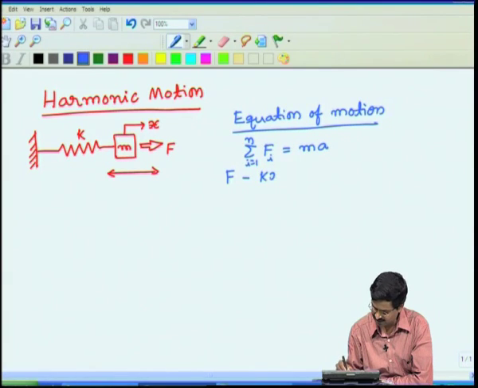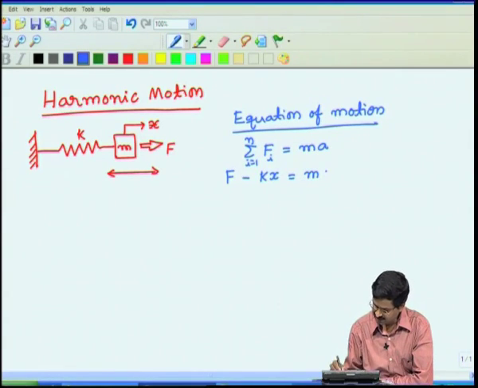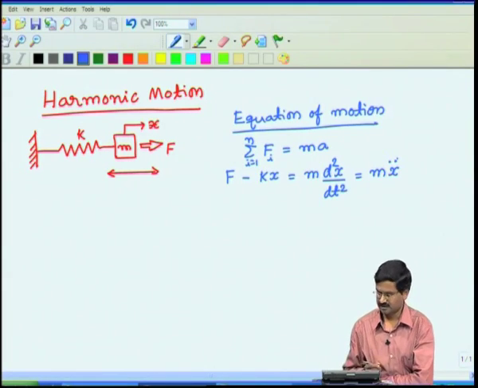So, that force magnitude is kx, that is F minus kx equal to m times acceleration. Acceleration, as we know, is the second derivative of the position x with respect to time, d square x by dt square, which in short form we will denote as x double dot.